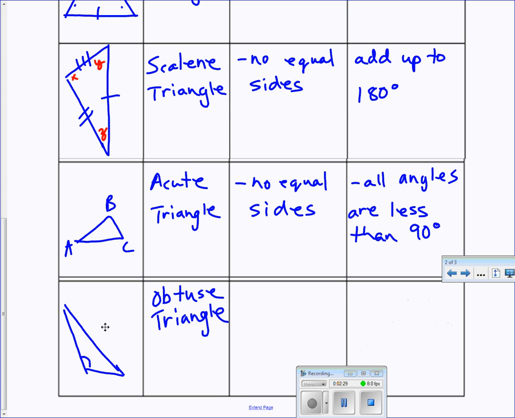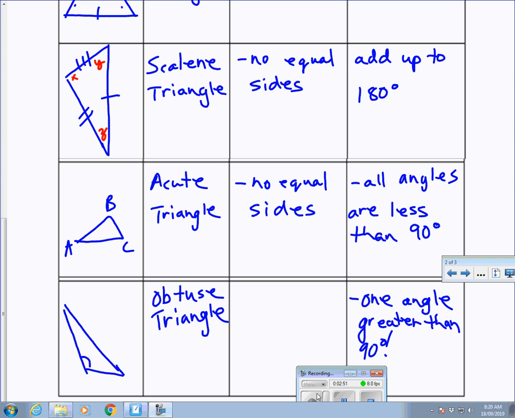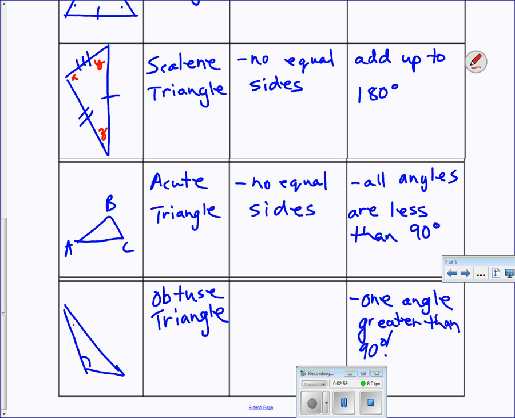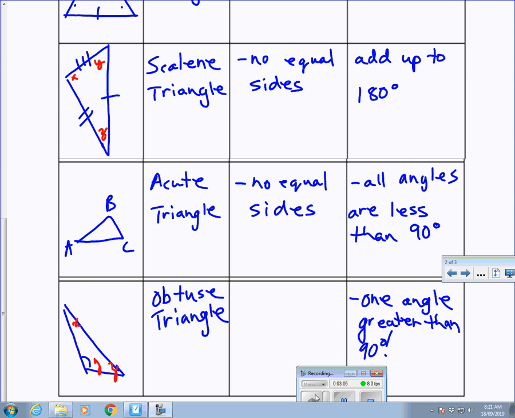An obtuse triangle doesn't necessarily deal with the sides, but we're always going to look to see that one angle in the entire triangle is greater than 90 degrees, which means the other two are definitely less than 90, because the total has to equal 180 degrees for each of these angles, X, Y, and Z. Now, take a moment, just copy that down, and we'll move on to the lesson for the day.